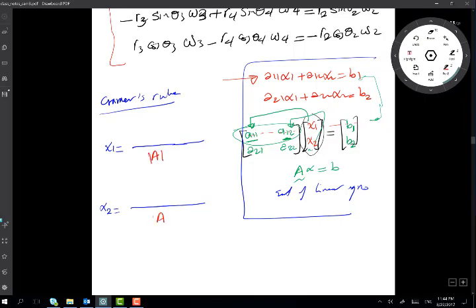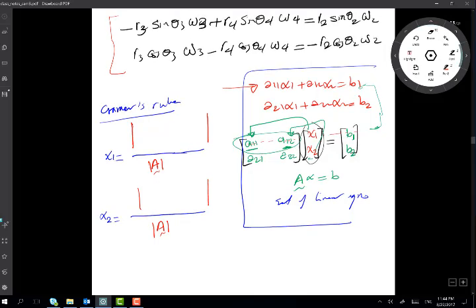So underneath, I have the determinant of the matrix A. I put this here to calculate its determinant, right? And up here will be the determinant of another matrix. Let's say the determinant of which matrix. On this line, I'm trying to find x1.